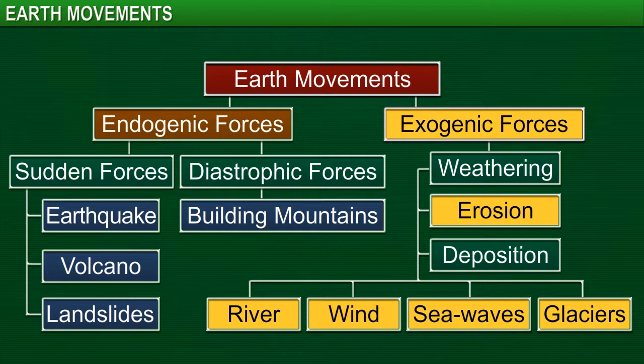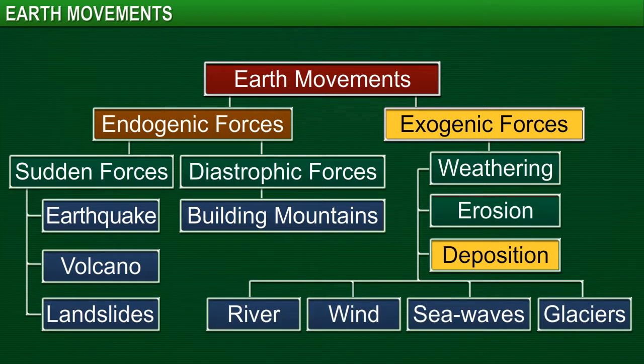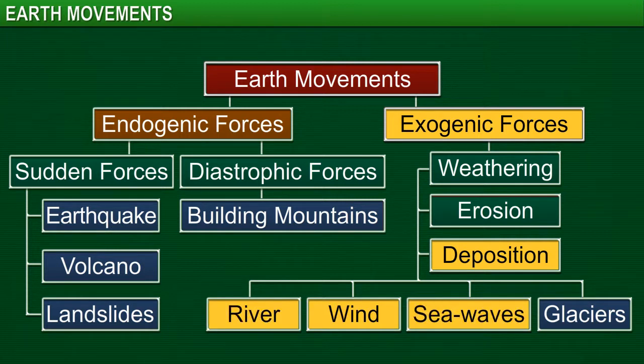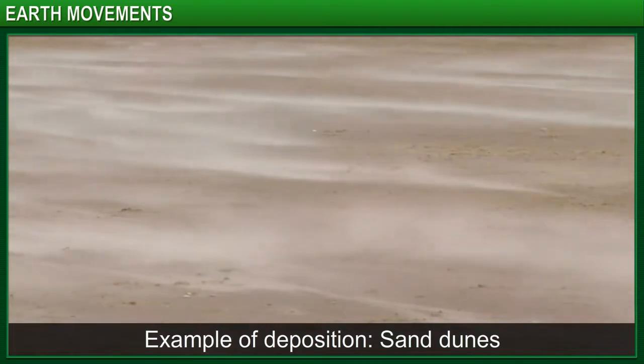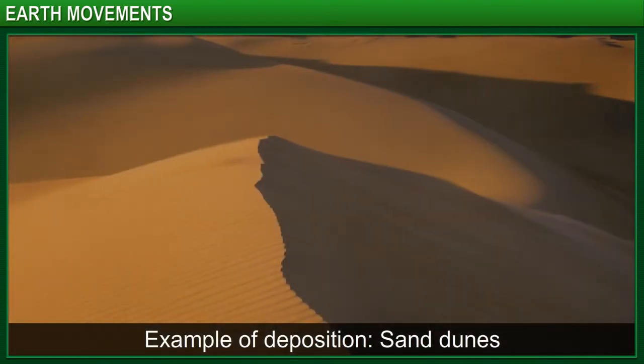Finally, let's look at the process that leads to the rebuilding of the Earth's surface. Deposition. Deposition is also caused by natural agents like wind, water, and glaciers. Sand dunes in deserts are the most common example of deposition.